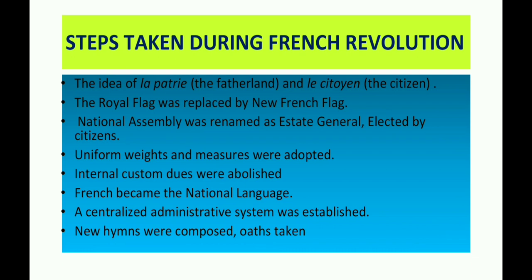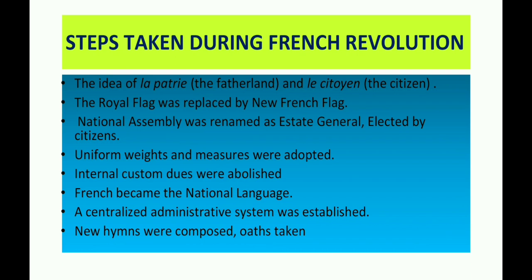The fourth step is that a uniform system of weights and measures was adopted. And do you know, the metric system which we use today was also founded by France in 1791.